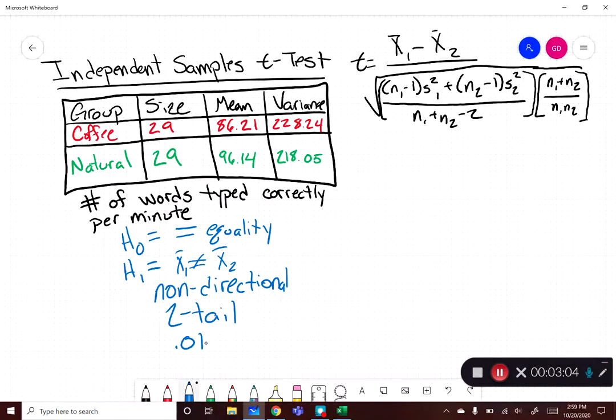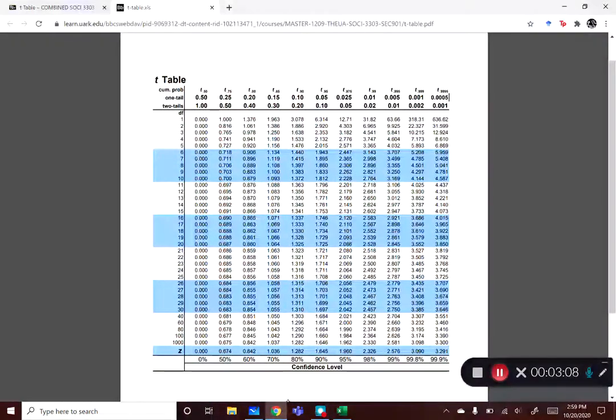I've already pulled up a table that I've provided in my class. Remember, this is our obtained or critical value that we need to get greater than to say that there is a significant difference or there's not. We reject or fail to reject the null hypothesis.